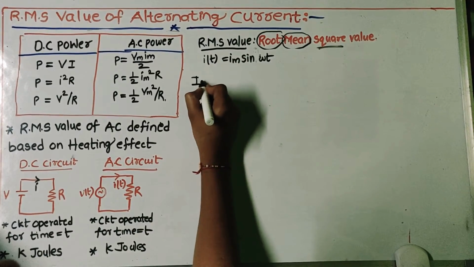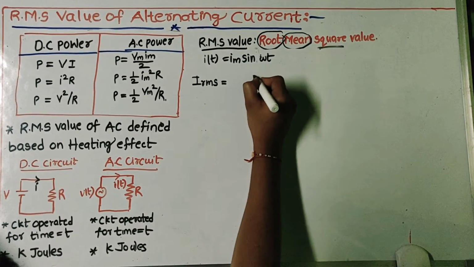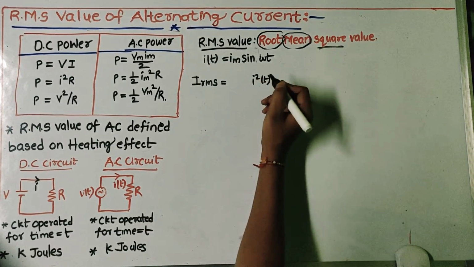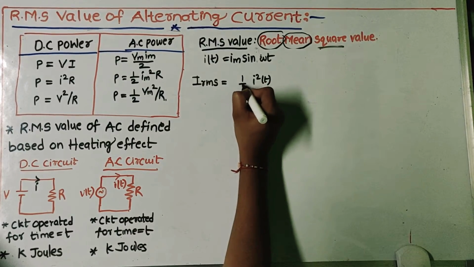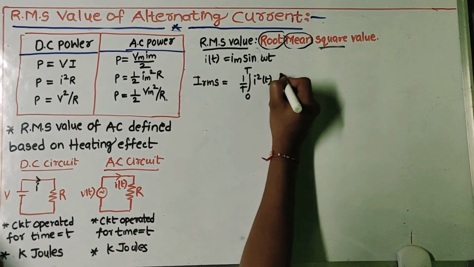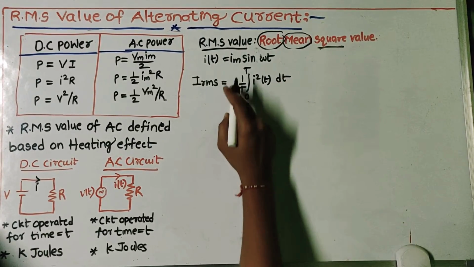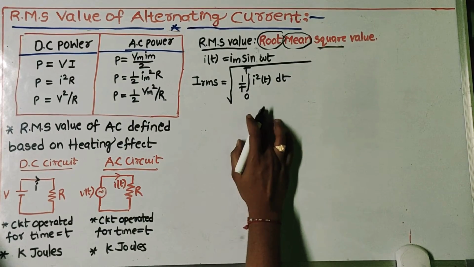So IRMS is going to be, just take the square first, I square, then take the mean, that is 1 by T integral 0 to T into dt. So then take the square root. If you take the square root, this is going to be the formula.